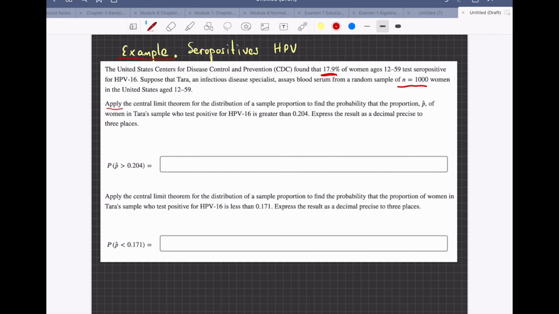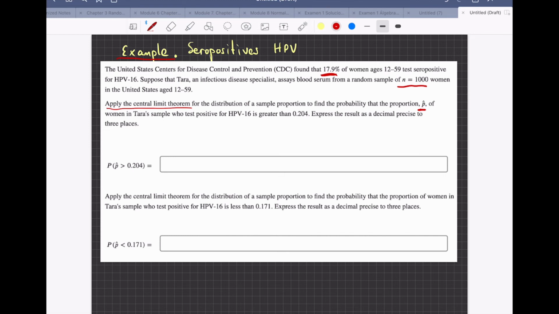Apply the central limit theorem for the distribution of a sample proportion to find the probability that the proportion p hat of women in the entire sample who test positive for HPV is greater than 0.204. Express the result as a decimal precise to 3 places.